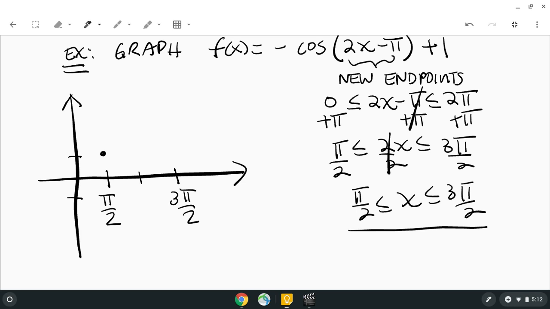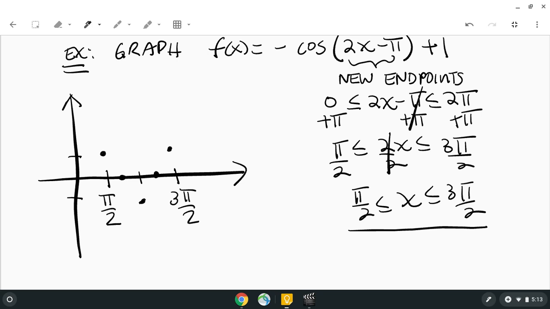Okay, so 1 and -1. All right, so we have those 5 points. Let's look back at them again. We have these 5 points right here. Exactly the same 5 points, except over here between pi over 2 and 3 pi over 2.